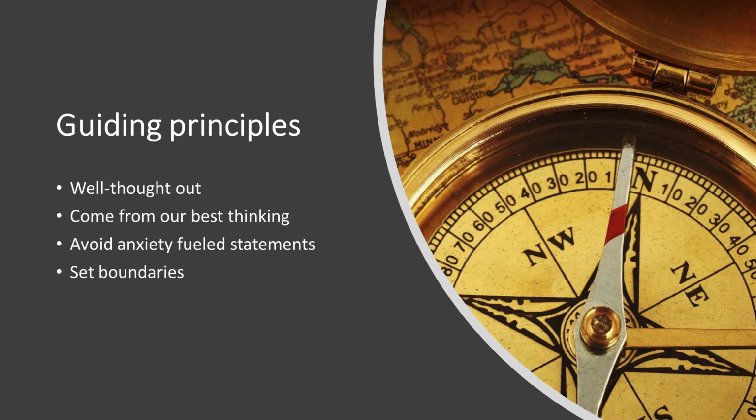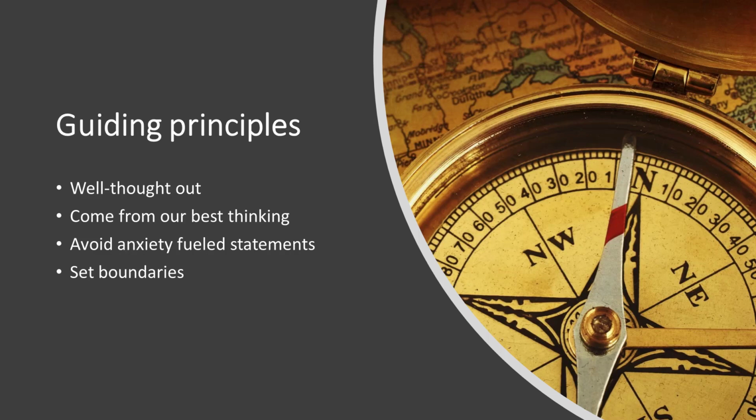These guiding principles come from our best thinking instead of a reaction fueled by the emotional field. For example, we can make sure we express from the beginning that one of our guiding principles is that we will not take sides and we will remain neutral. Guiding principles set boundaries from the beginning of what the leader's role will be in the triangle.